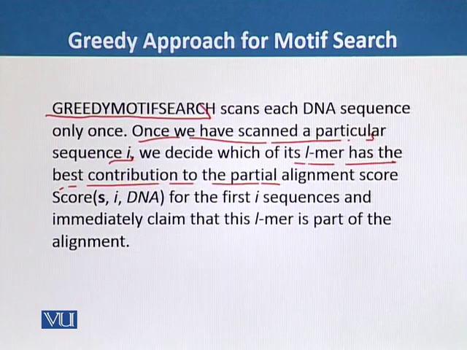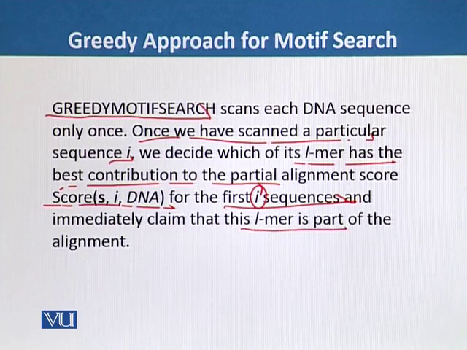This algorithm will scan all the sequences once and select the best l-mer motif within these DNA sequences, and we will come up with the maximum score of the alignment s_i for the first i sequences, and then immediately it will be claimed that this l-mer is a part of the alignment.